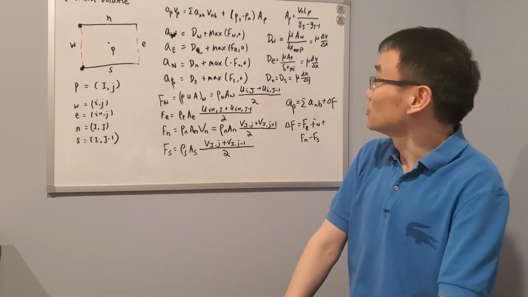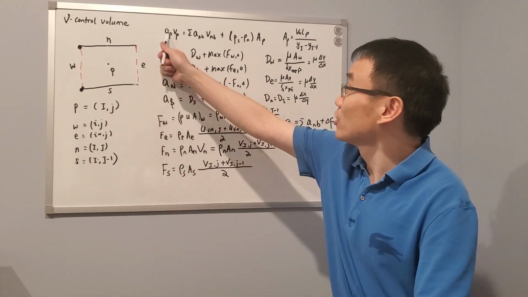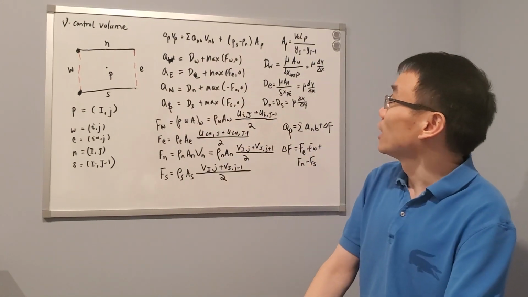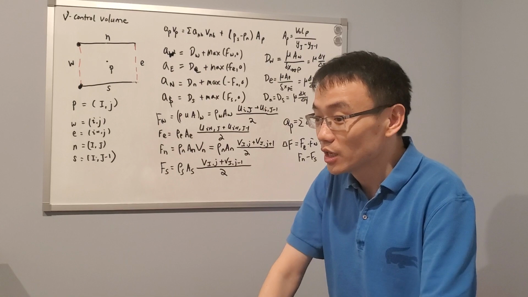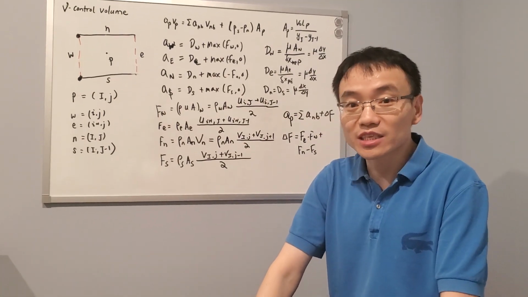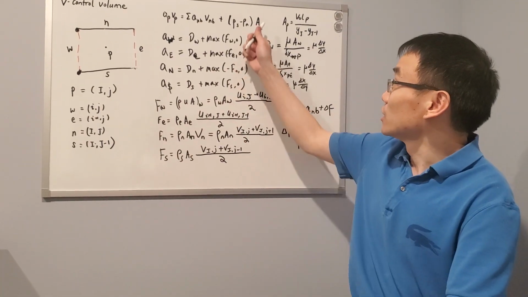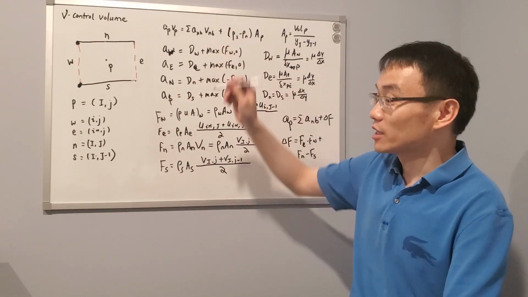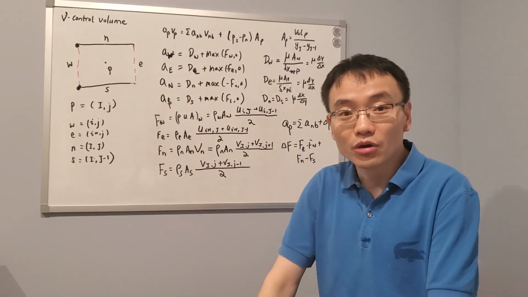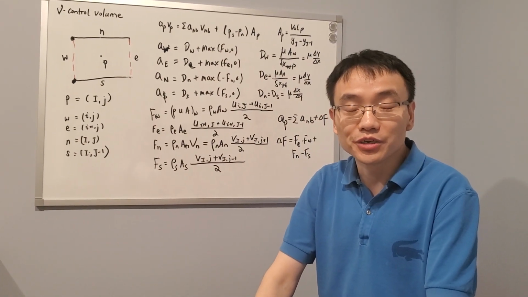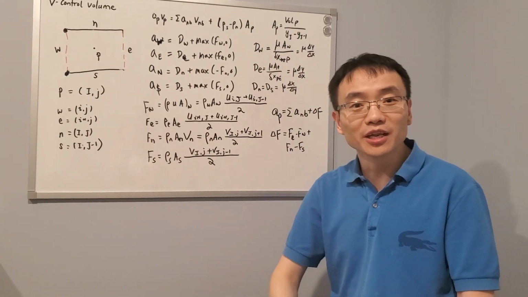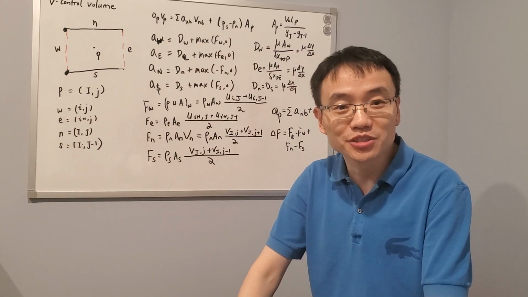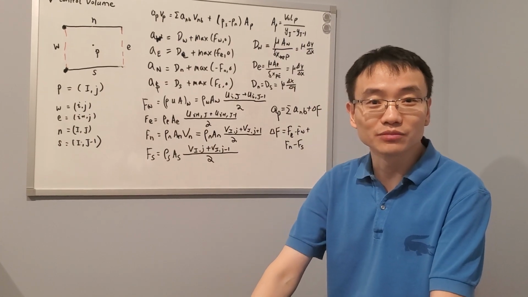So now all a coefficients are computed, and for pS and pN we can simply use the guessed values and treat this entire term as a source term. So now we have the linear equations for all V control volumes as well. So finally, let's move to the linear systems for the P prime equations.